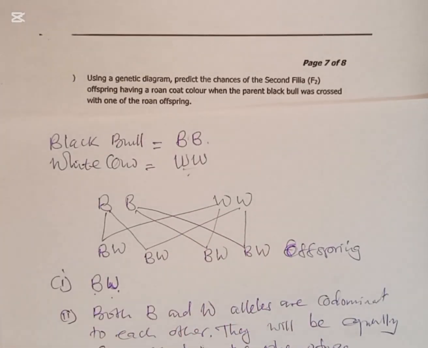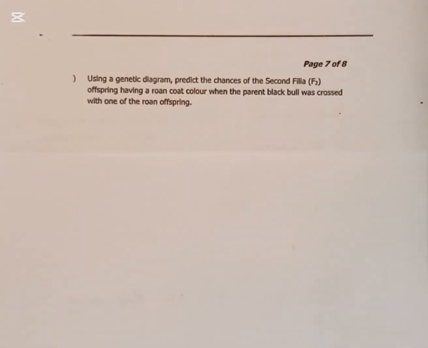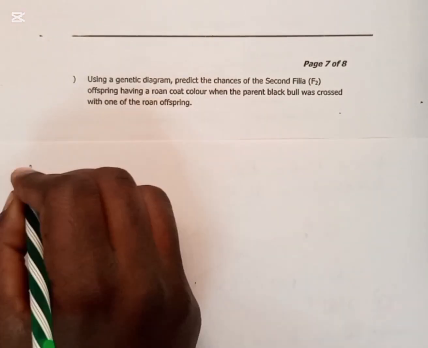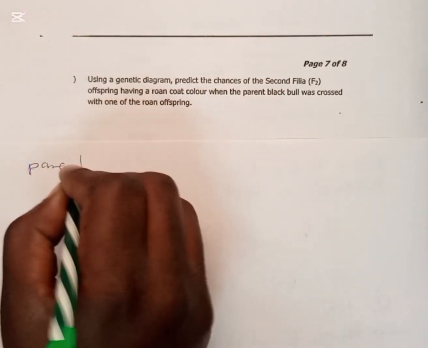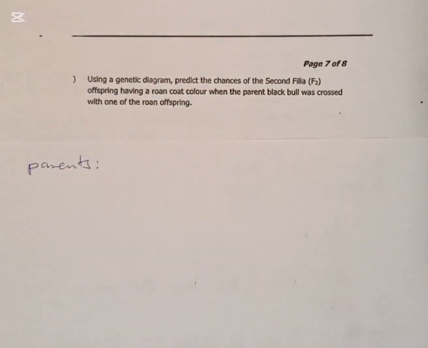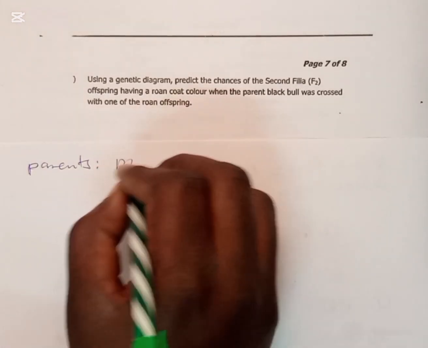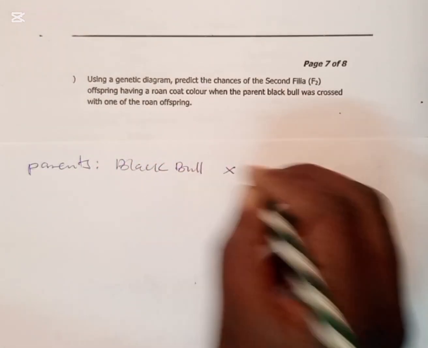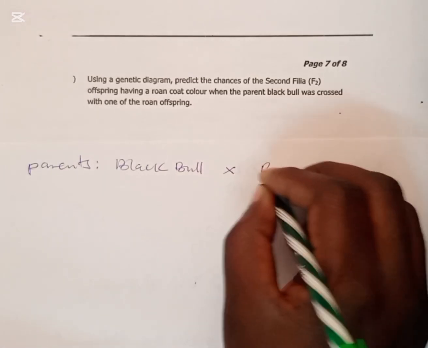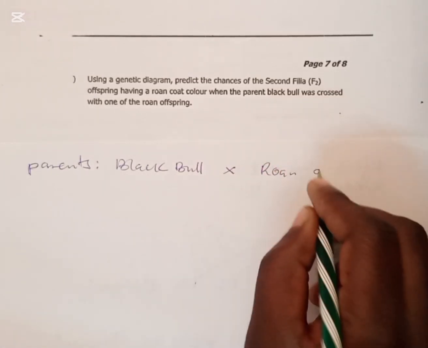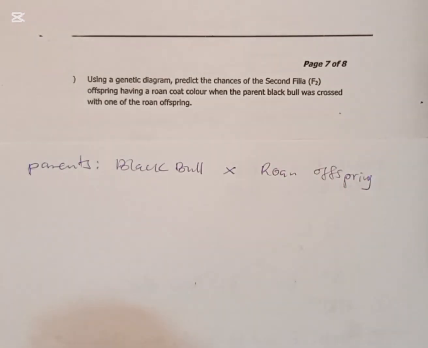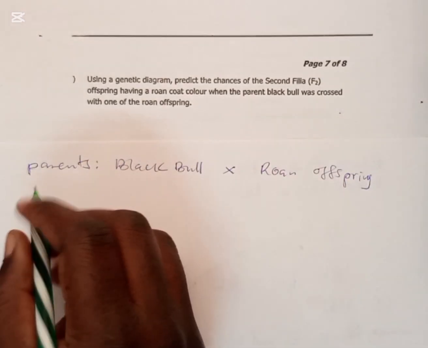Okay, so let me do this so that you'll be able to see properly. We're saying we have parents here, and the parents that we have here, we have the black bull crossed with the roan offspring. So what is our phenotype?